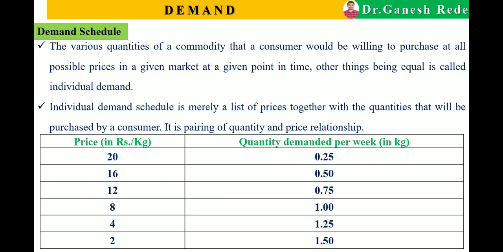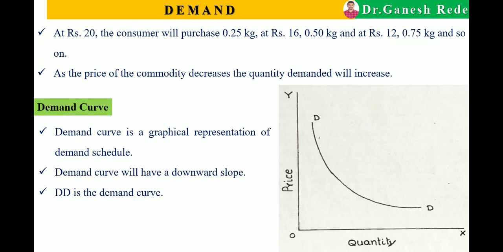Now if we plot this price and quantity on a graph, we will get the demand curve. At rupees 20, the consumer will purchase 0.25 kg. As the price of the commodity decreases, the quantity demanded will increase.